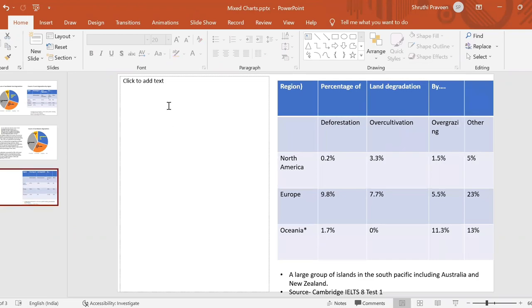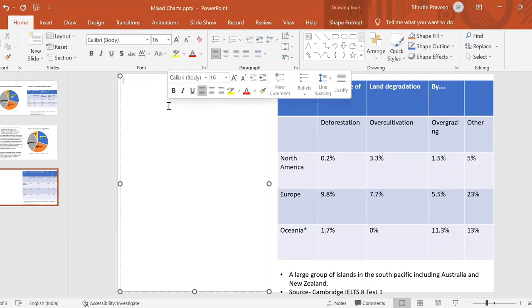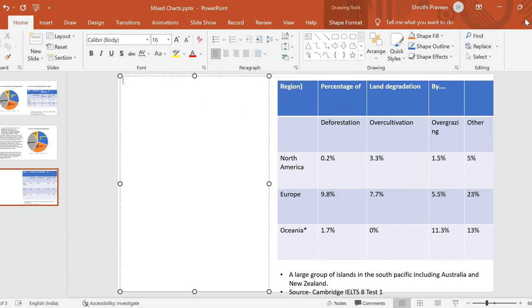Now I am moving on to the table. The last paragraph is about the table. Here also I am not going to write each and every detail. I am going to compare and contrast. Now for comparing and contrasting, words we can use are as opposed to, in contrast to.